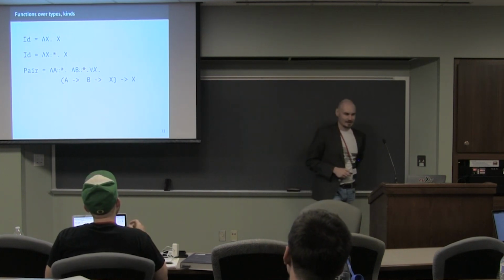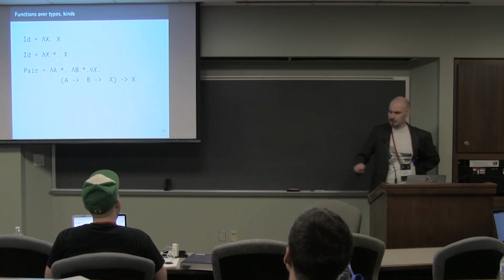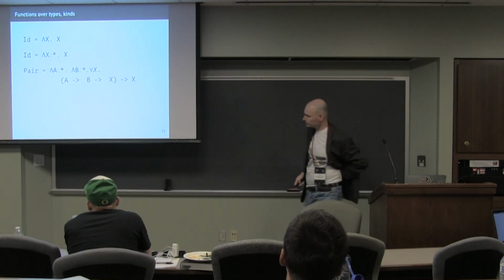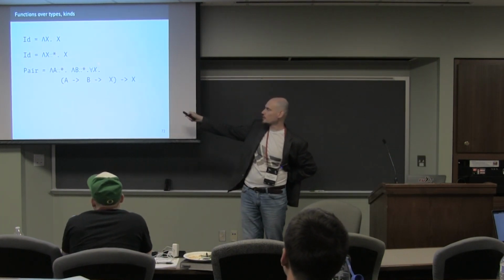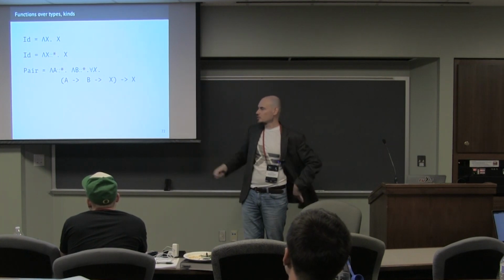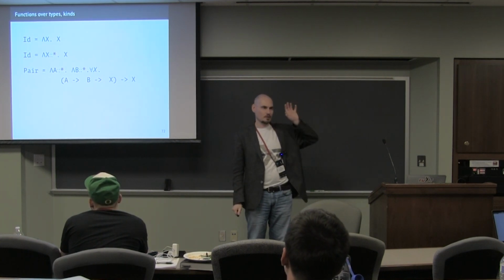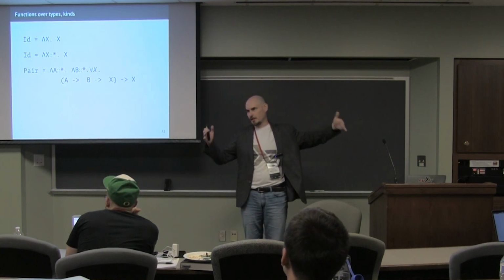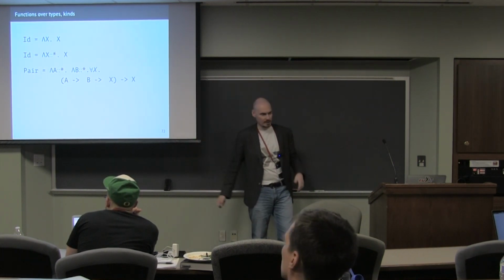All right. So this is a function with 2 lambda abstractions. We are building a type for pair. If you have a pair and you provide it with 2 types like pair bool nat, then you get the type of pairs of bools and nats.